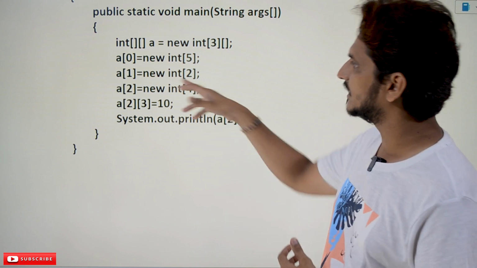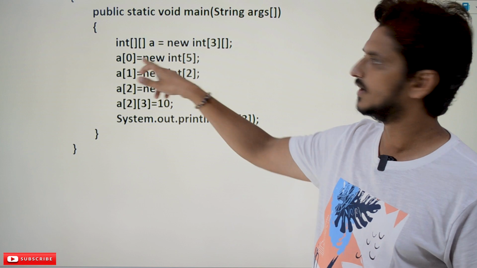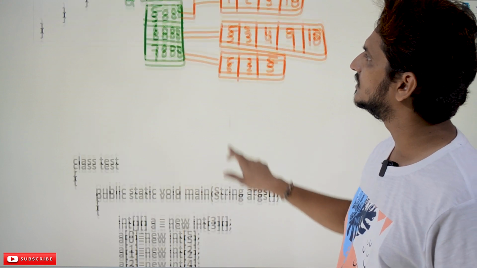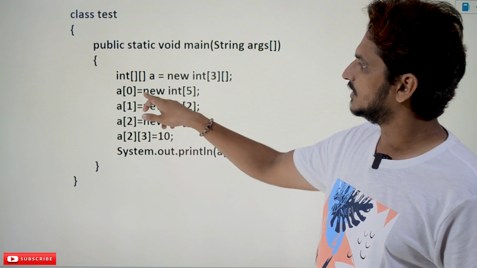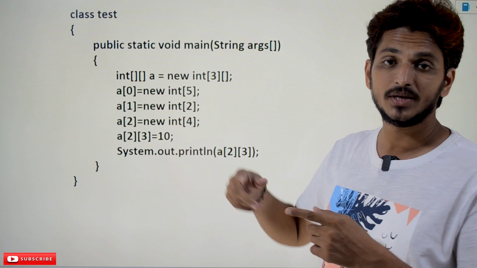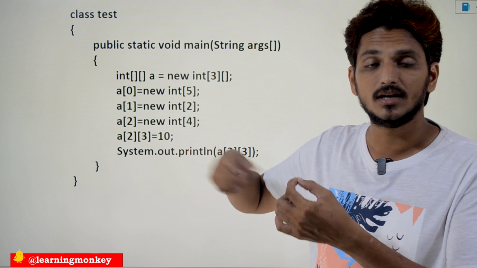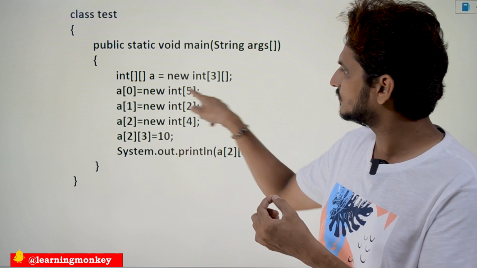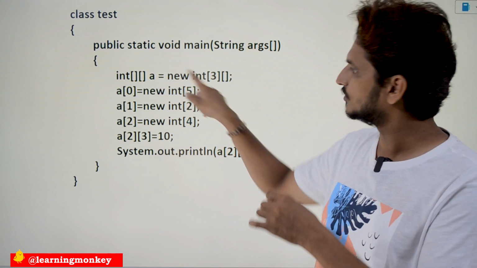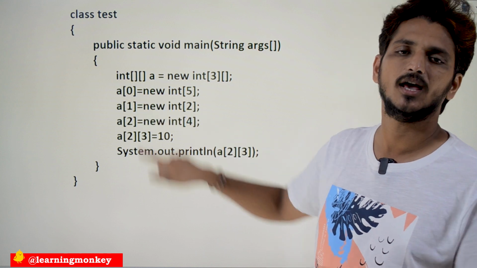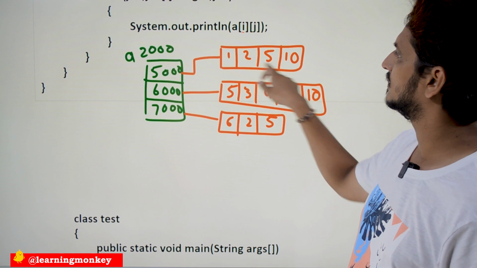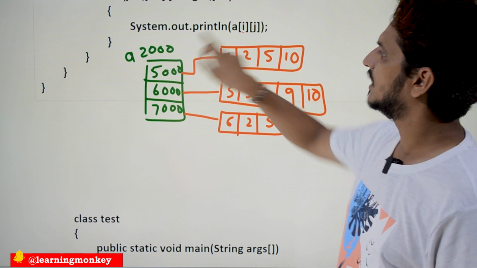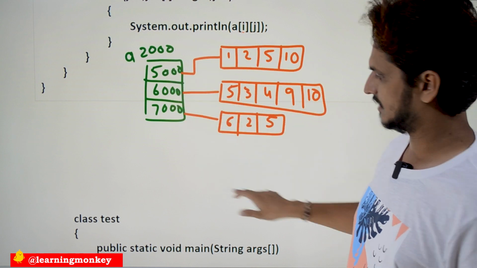Now you can assign like this, a[0]. The same way, a[0] means this is the memory location. It is equal to new int[5]. New means assign a new array of size 5, and that address should be saved here at a[0]. This creates the array, and its address is stored here.